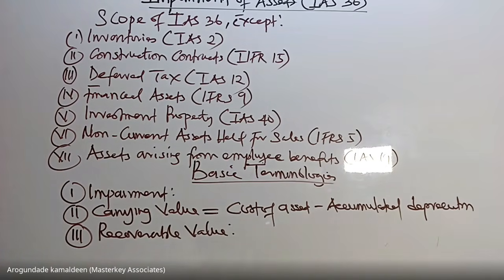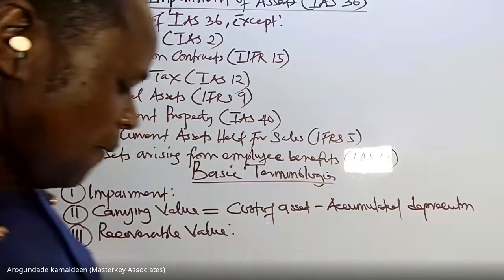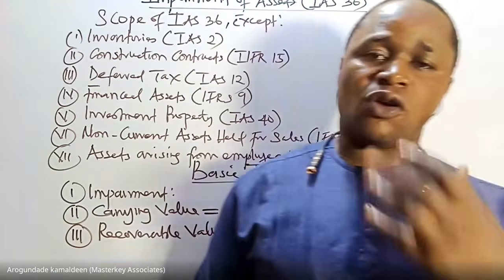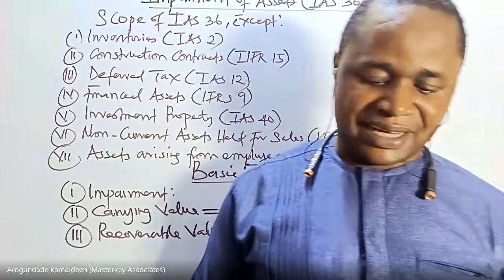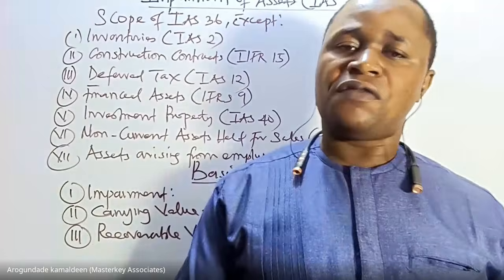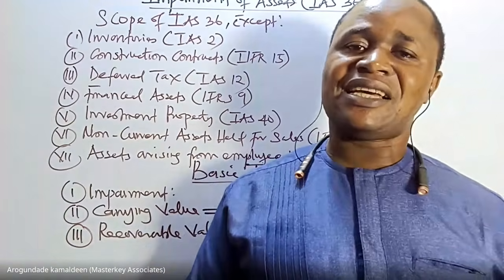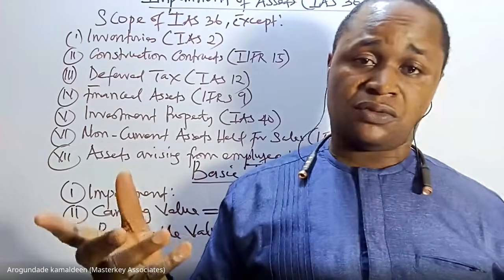Next now, recoverable value. Yes, it's important. Now, remember that I said impairment occurs when the carrying value of the asset or the cash generating unit is greater than the recoverable value.